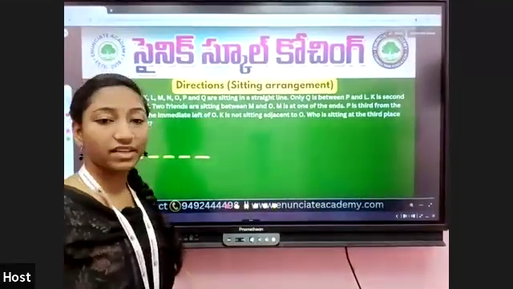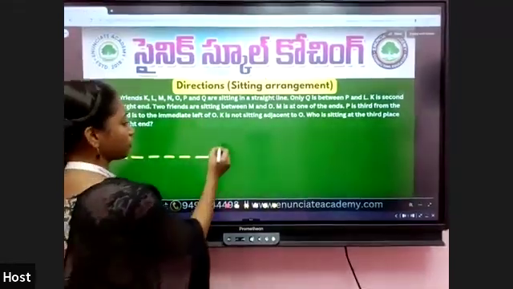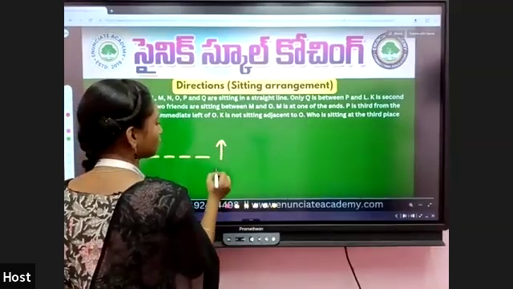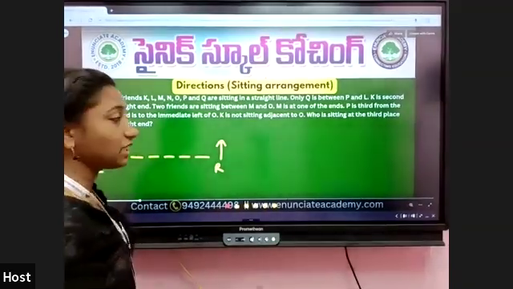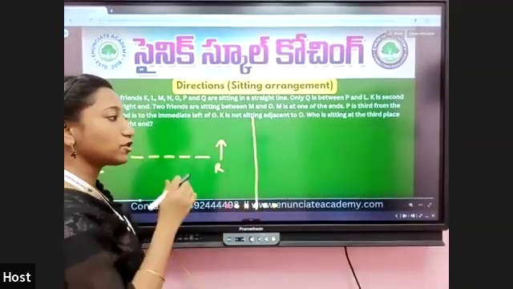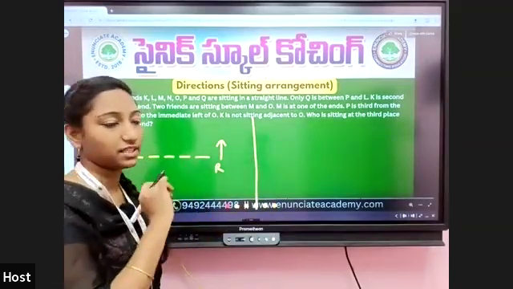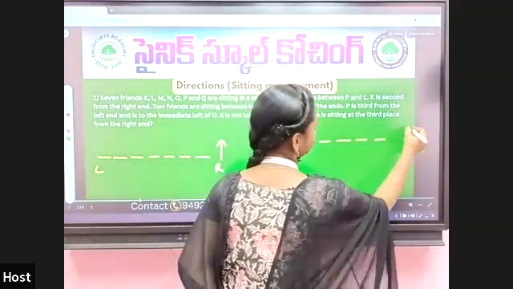They did not say whether they are facing south or north, so we should take north. So this is right and this is left. While doing sitting arrangement, you should take 2 or 3 assumptions, meaning we should draw 2 or 3 diagrams at a time. So 1, 2, 3, 4, 5, 6, 7.